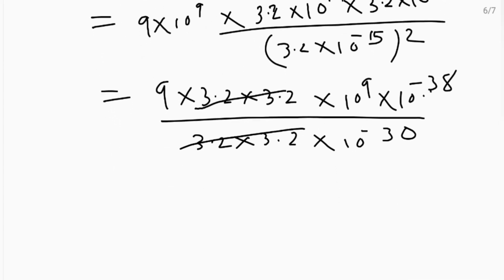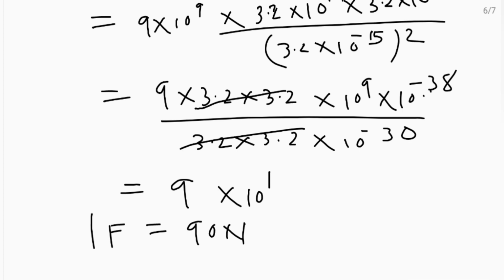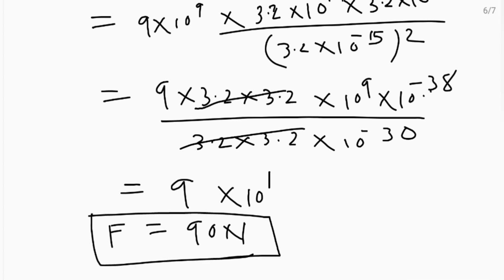Remaining will be what? 9 into 10 to the power 1, that will be 90 Newton. So the force between two alpha particles separated by a distance 3.2 into 10 to the power minus 15 meter is 90 Newton. Now we will go to the next question.